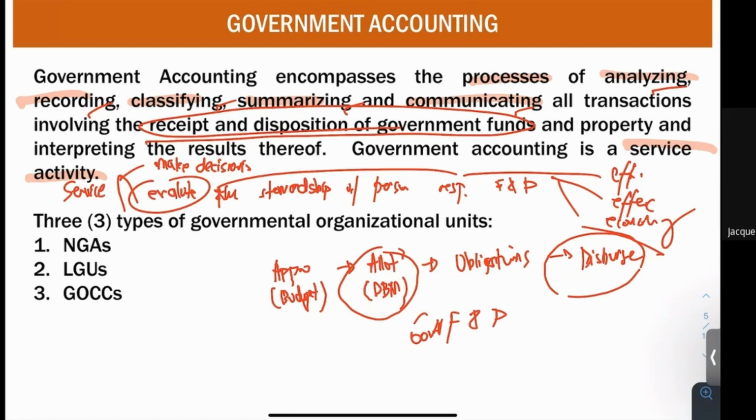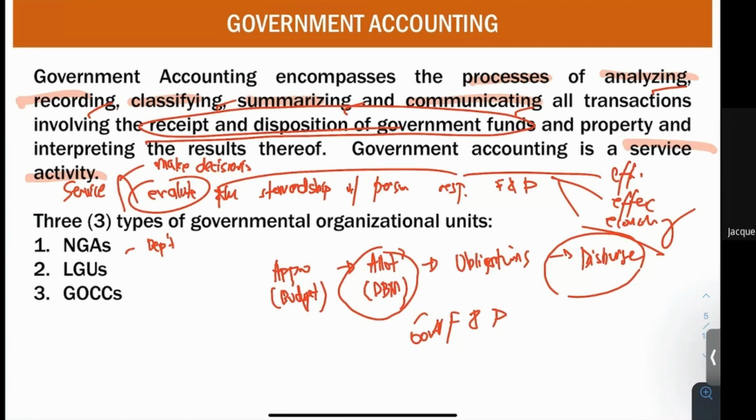Now, there are three types of governmental organizational units. We have already discussed early on that the definition of government is purely one-sided for national government agencies. But now look at it, we have your governmental organization, we have your NGAs, your national government units or national government agencies. These are all agencies which can be said to be your departments, like Department of Health, Department of Social Welfare and Development, Department of Finance, any department.